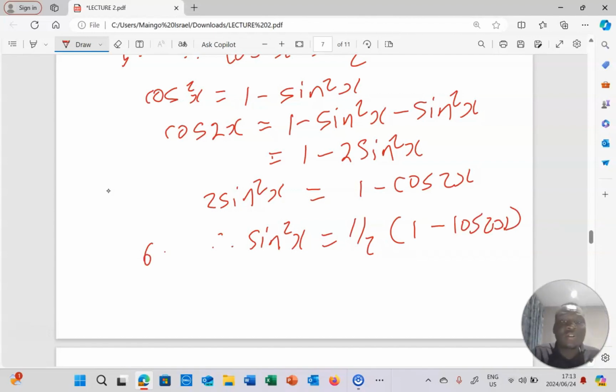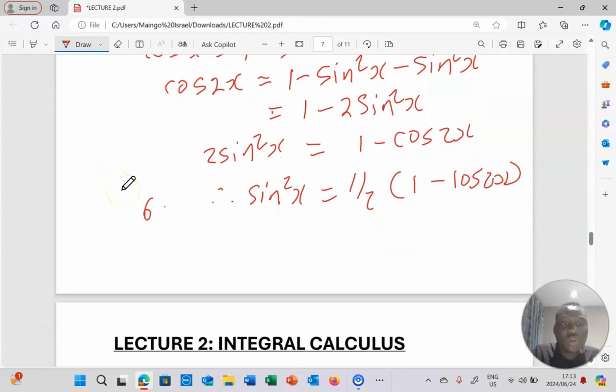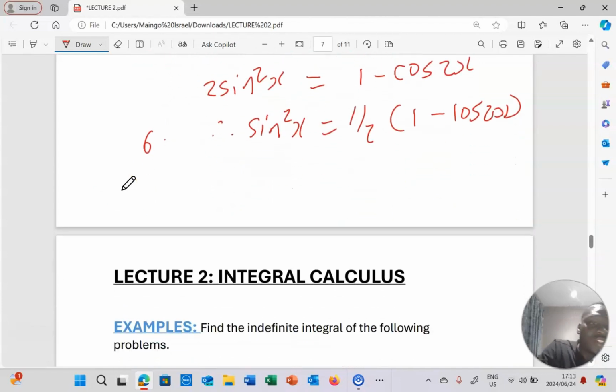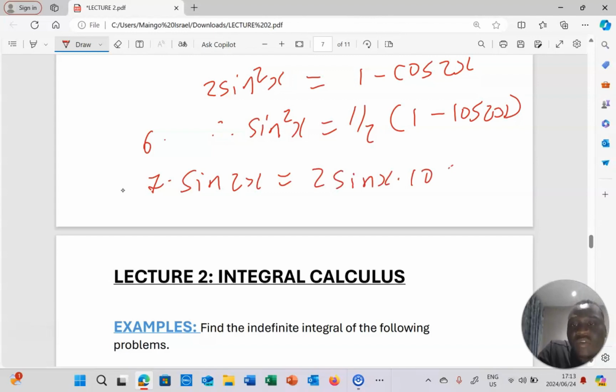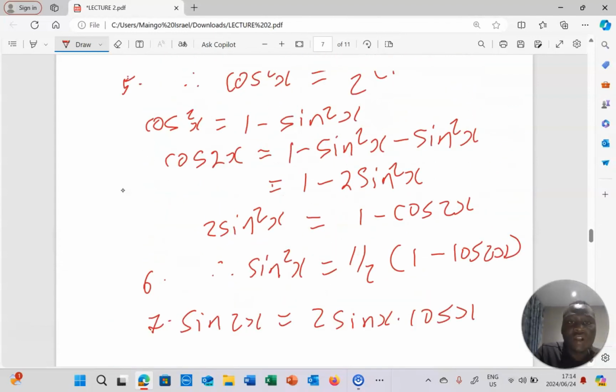law number 6. We also have a double angle: sine 2x equals 2 sine x times cos x. You must be aware of these, guys.